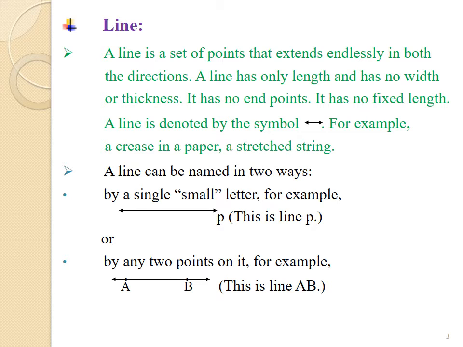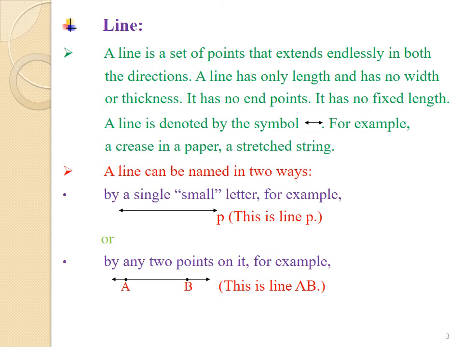A line can be named in two ways, by a single small letter. For example, this is line p, or by any 2 points on it. For example, this is line AB.